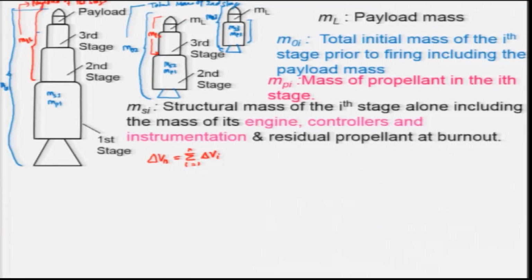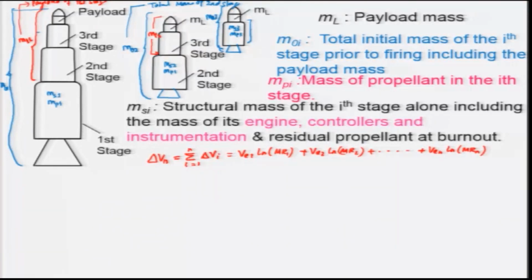For simplicity we take only the scalar component of this velocity increment, and we find it is VE1 ln mr1 plus VE2 ln mr2, and it goes on till VEn ln mrn.